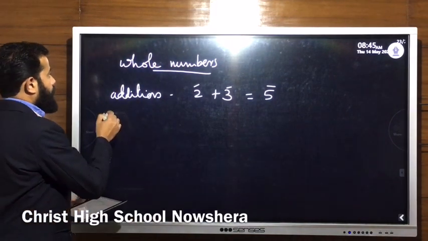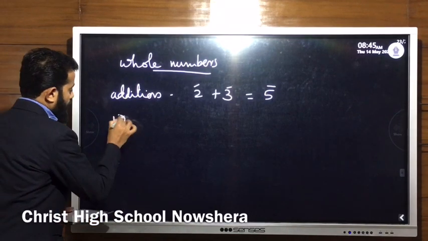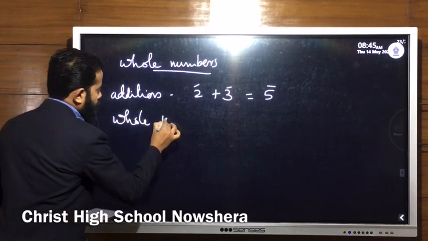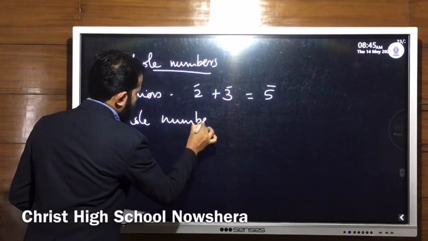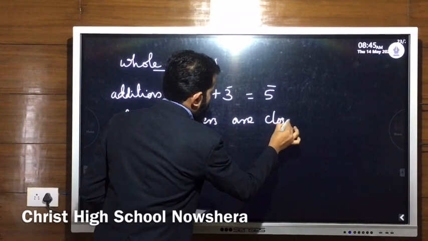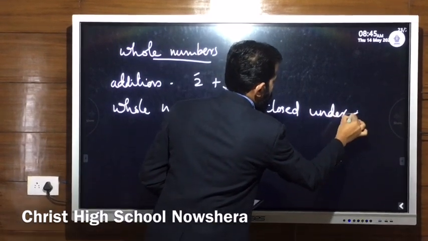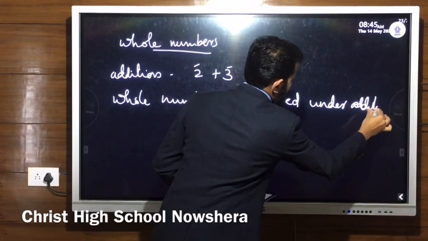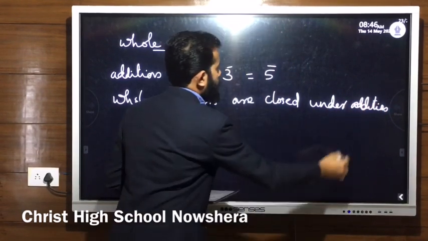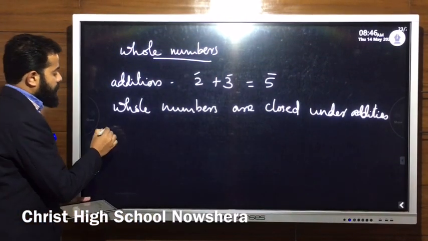So we can say that whole numbers are closed under addition. Like that, we can check subtraction next.